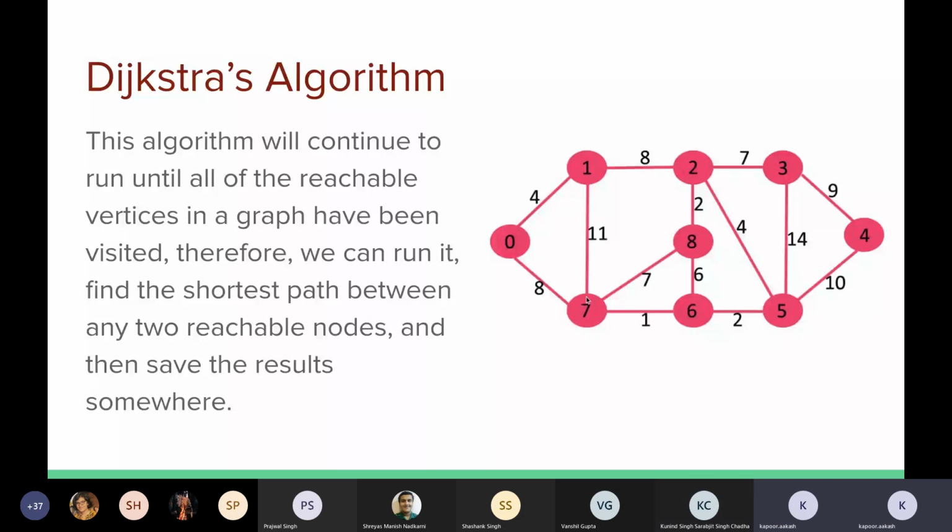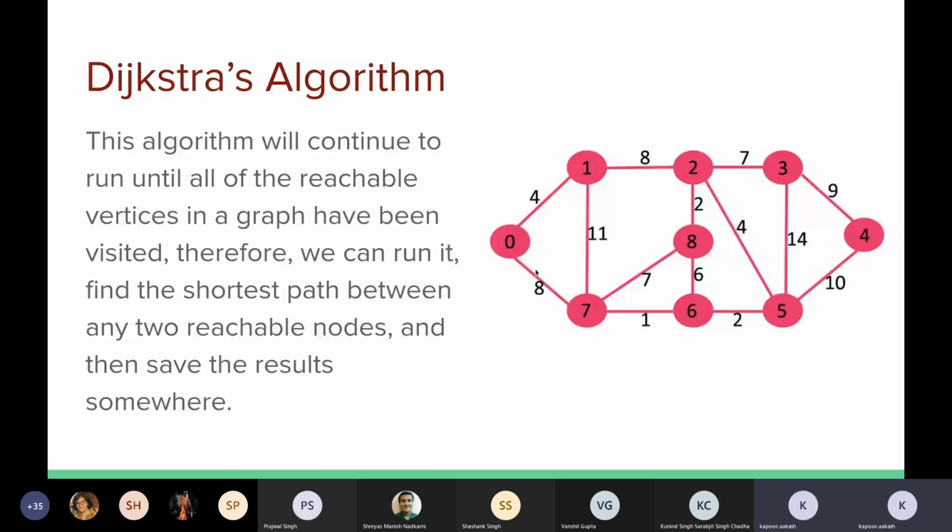Because we are just looking at node 7, let's say the distance of 1 is 11, of 8 is 7, of 6 is 1, and of 0 is 8.